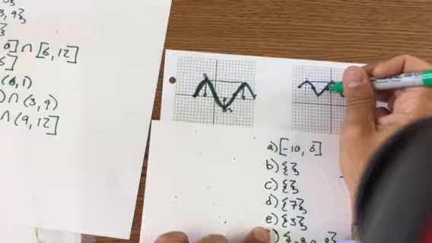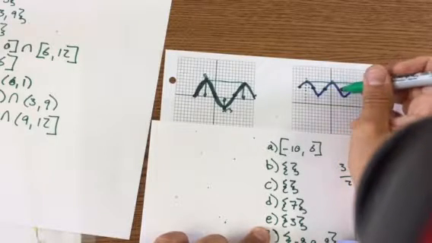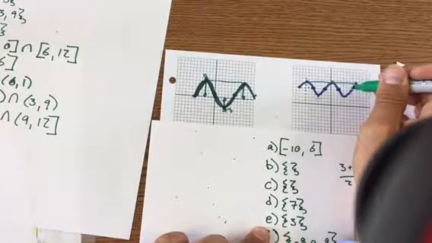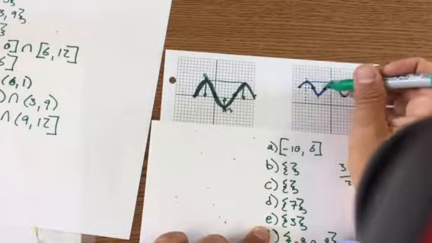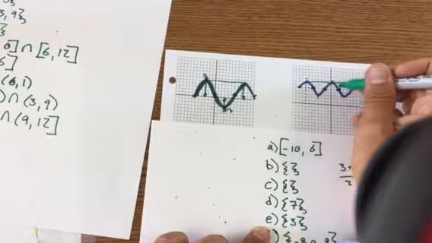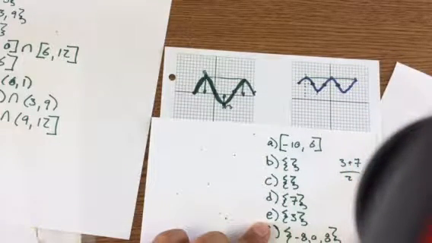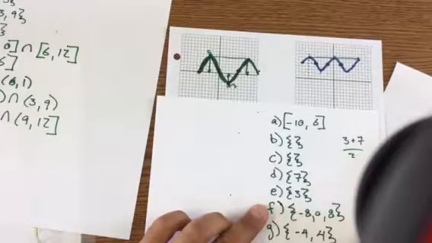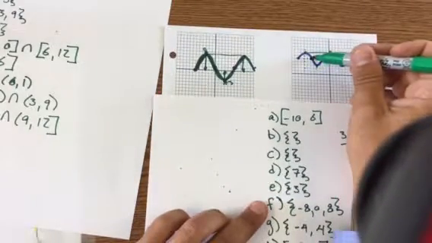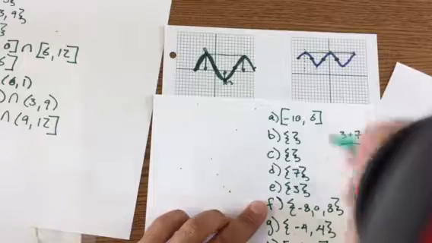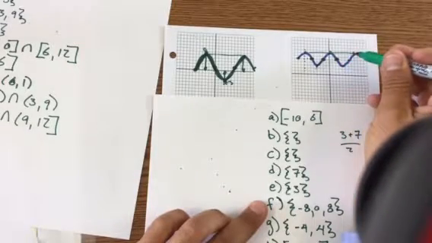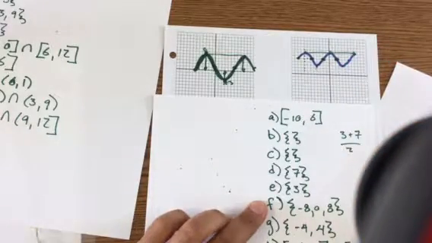And these are all the same, so negative 2 to 2. Concave up is going to be negative 6 to negative 2, and 2 to 8.